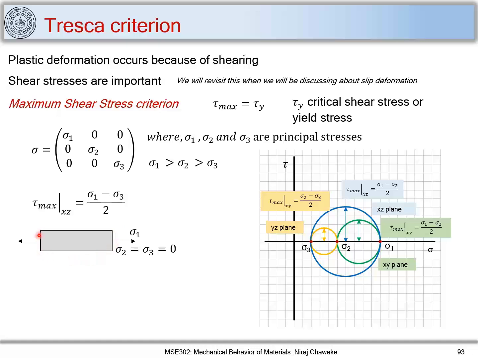And when we consider a uniaxial tensile test again, I have sigma 1 and I consider sigma 2 equal to sigma 3 equal to 0.